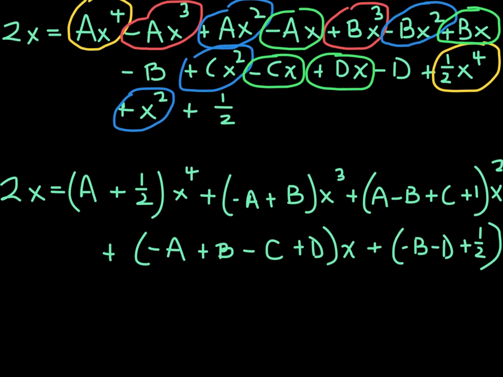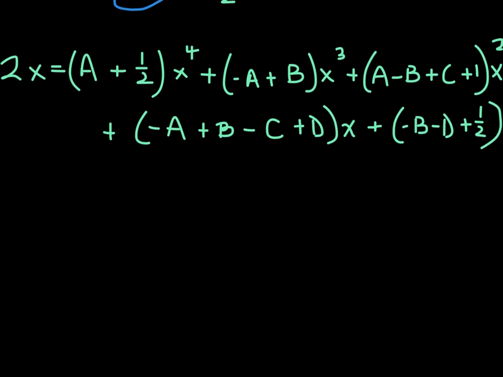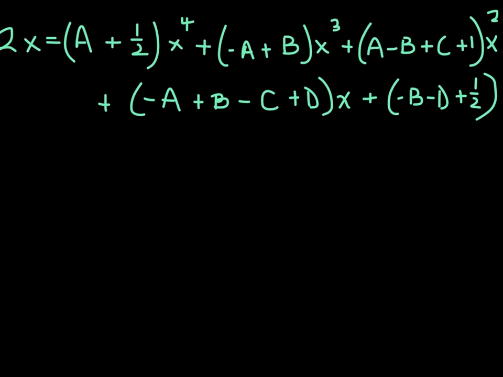So what we're going to do at this point, as I move the screen up here, is we will endeavor to equate coefficients of like powers on each side. We're going to equate the coefficients of like powers of x on each side. So on the right side, I have degree 4, and the coefficients are a plus 1/2.